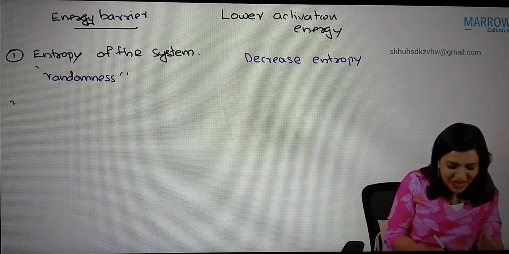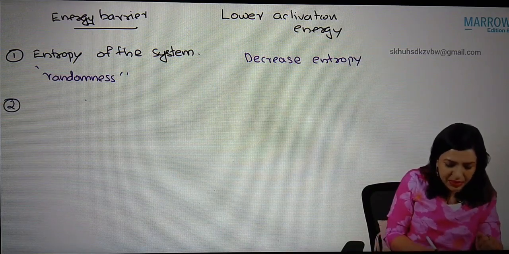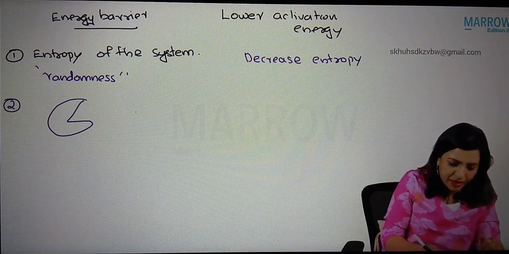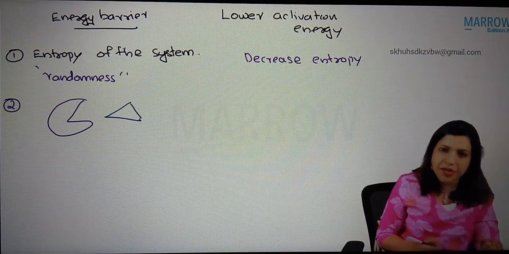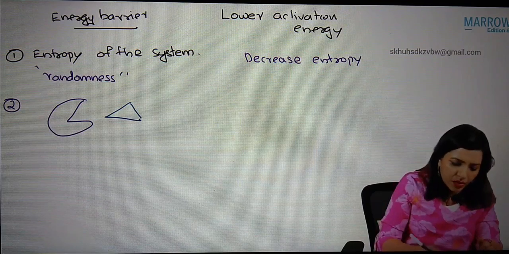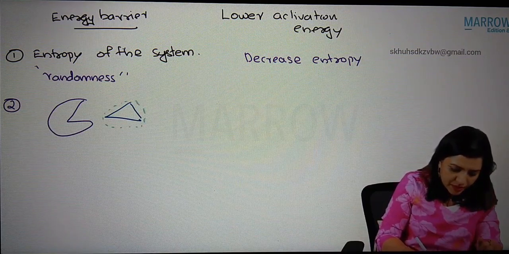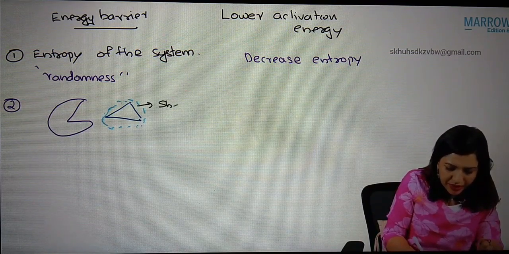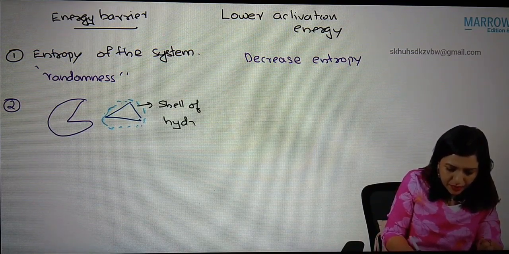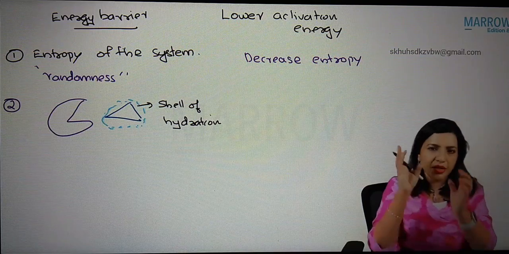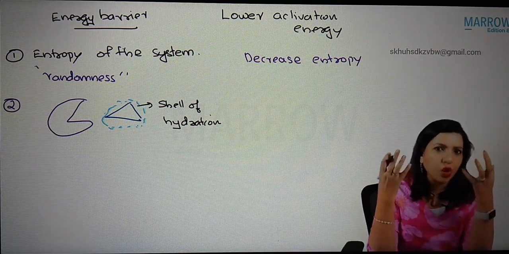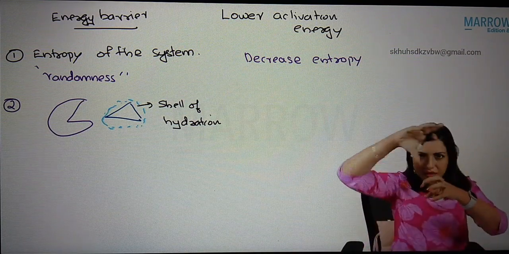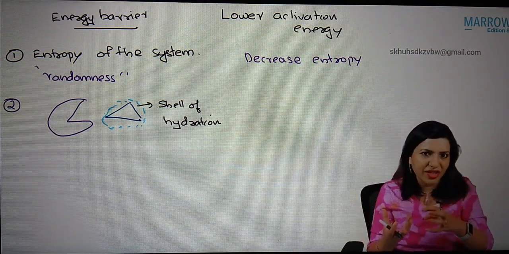Okay, now we are going to the second thing. If this is the enzyme, we have the substrate here. Around the substrate, there is a shell of hydration. Especially if the substrate is in a soluble state, we know that solubility means the particle is surrounded by a shell of hydration.